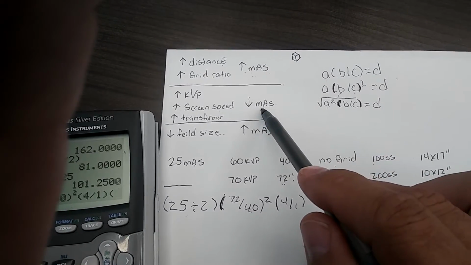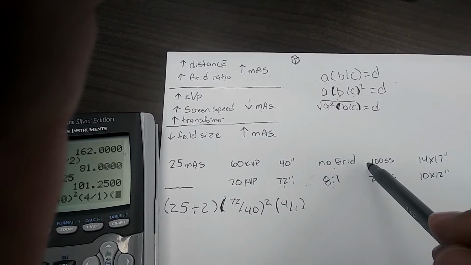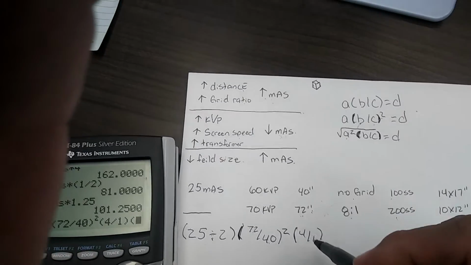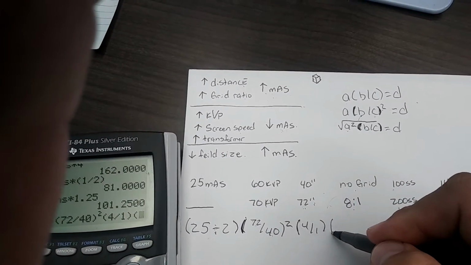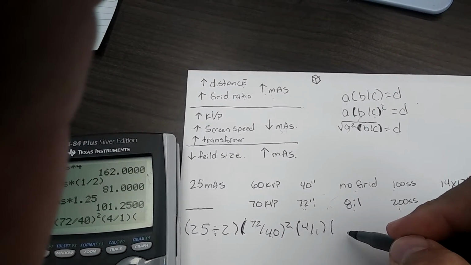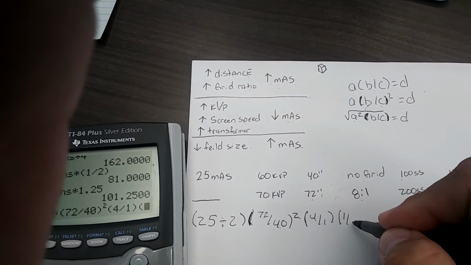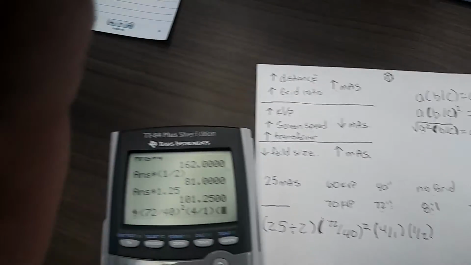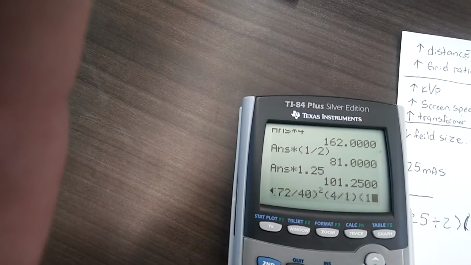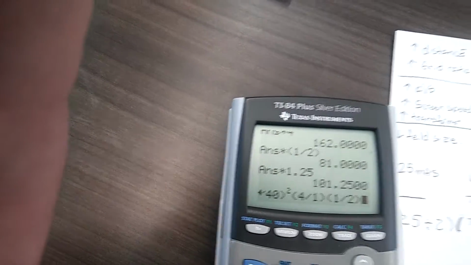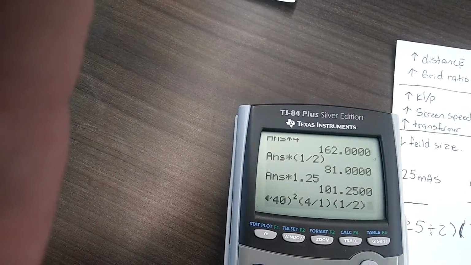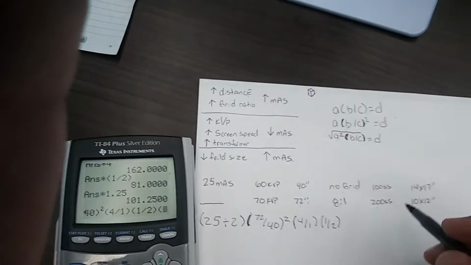You can either put it as 100 over 200, or since they're hundreds, just 1 over 2, which is what I do. 1 divided by 2. Boom. So I'm going to put this in my calculator: 1 divided by 2. In parentheses, start parentheses.